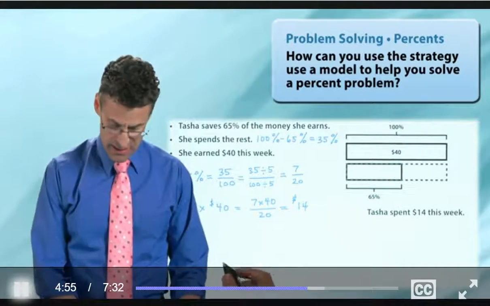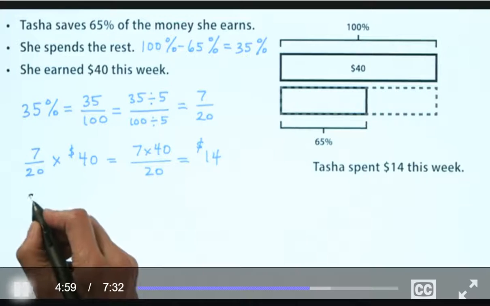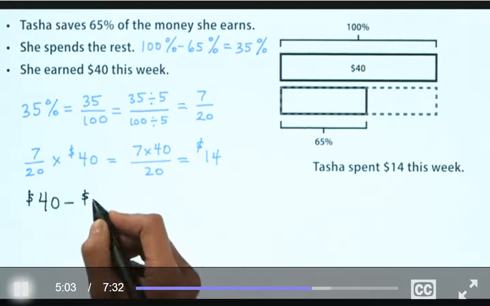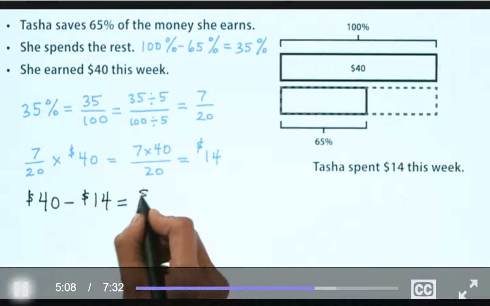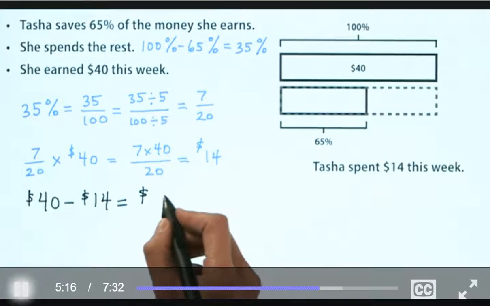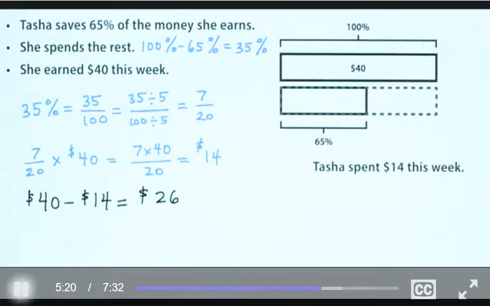So all we have to do is simply take the $40 that she earned and now subtract off the $14 that she spent, and that difference will represent the amount of money that she in fact saved, which of course is $26.